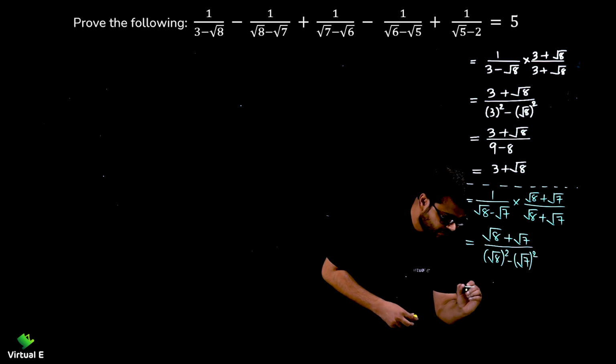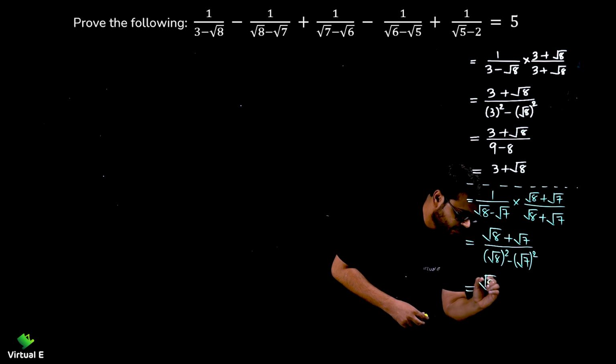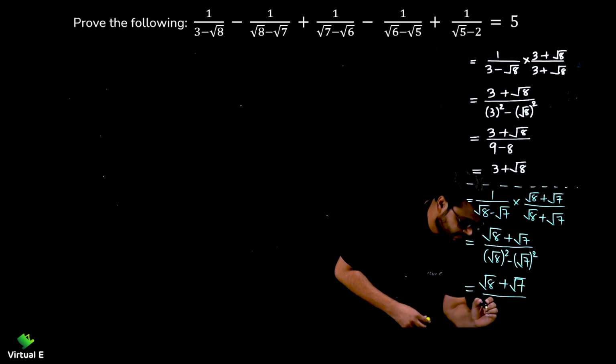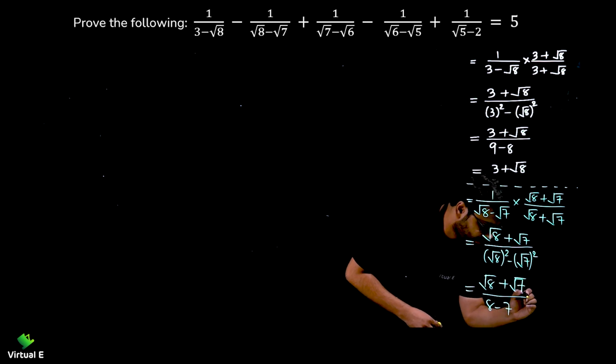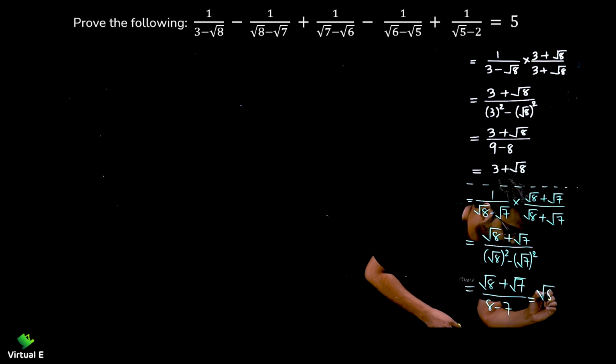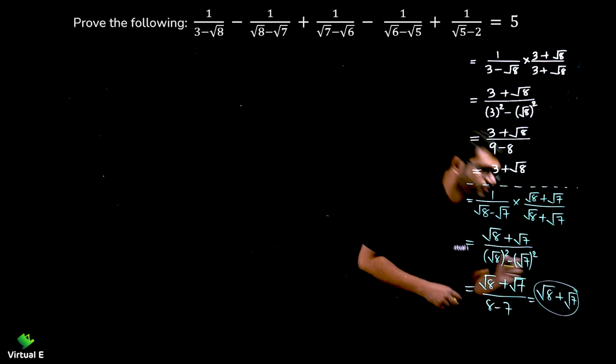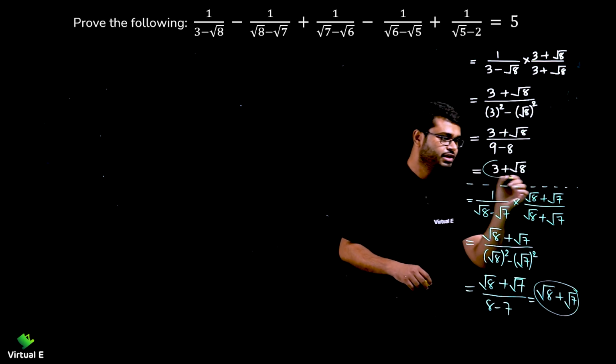That being done, we have over here square root of 8 plus square root of 7, and here 8 minus 7. So finally we have root 8 plus root 7, right? This is for the second term and this is for the first one.